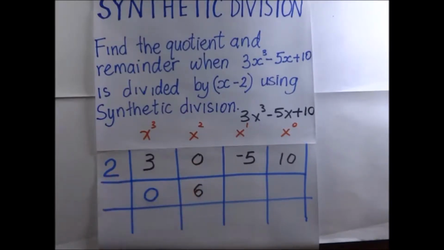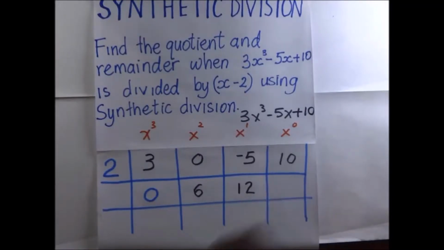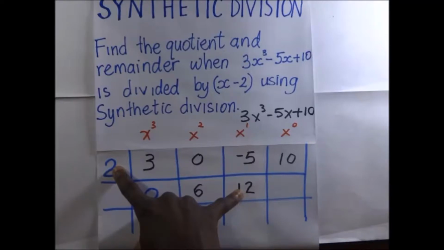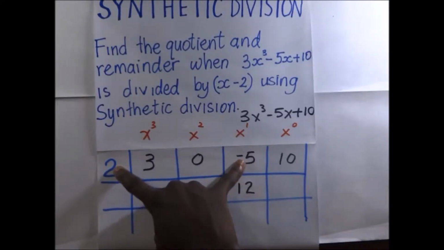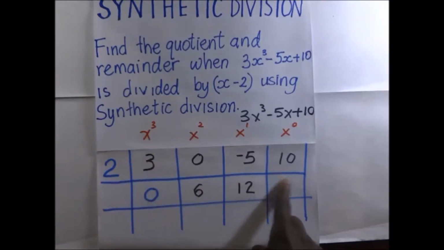So 0 plus 12, we get 12. So we put the 12 here. We do the same. 2 times 12 is 24. Then 24 plus 2 times negative 5, which is negative 10. So negative 10 plus 24, we shall get 14. We put the 14 there.